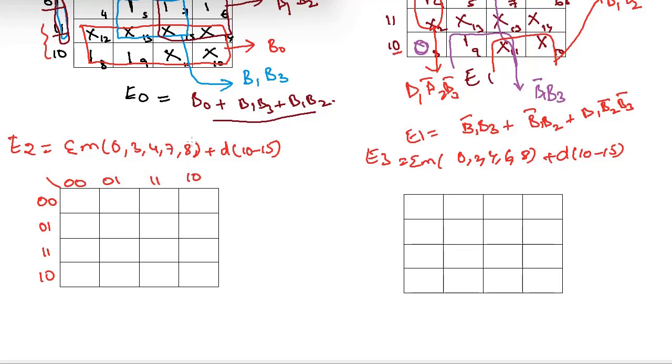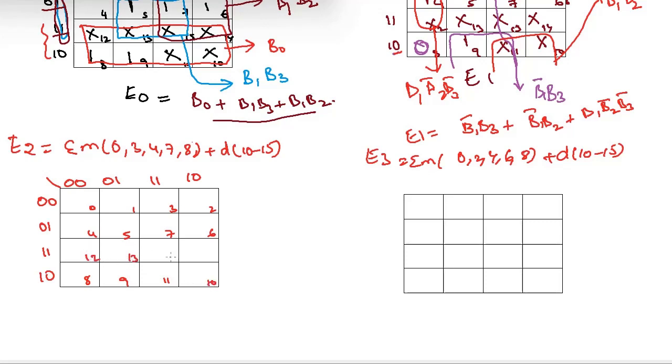Now plot the values. The cells are 0th, first, third, second, 4, 5, 7, 6, 8, 9, 11, 10, 12, 13, 15, 14.